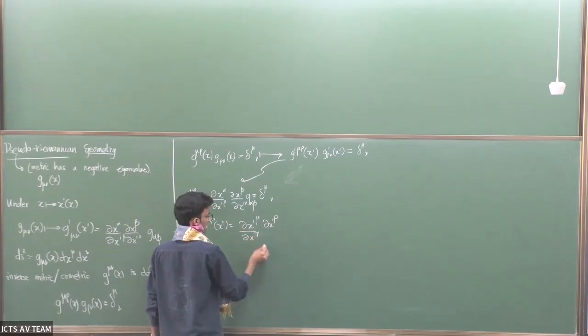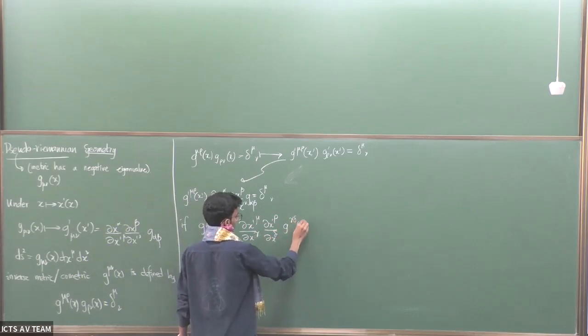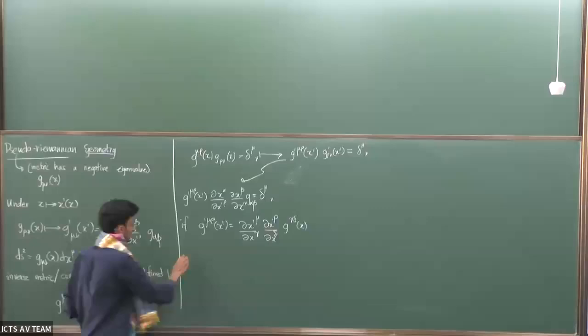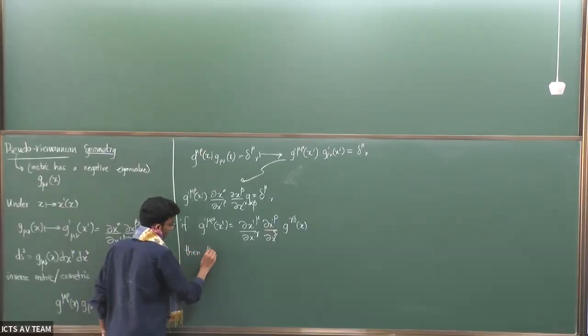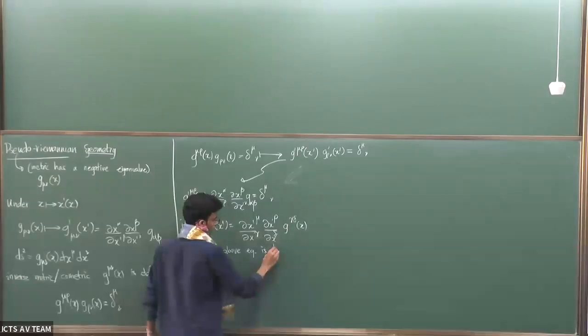Let me use some other symbols, gamma delta: if G gamma delta of X, if this is true, then the above equation is satisfied. We'll check this.